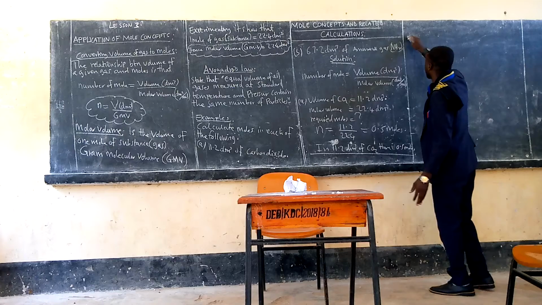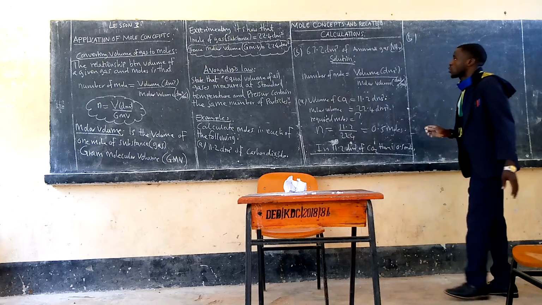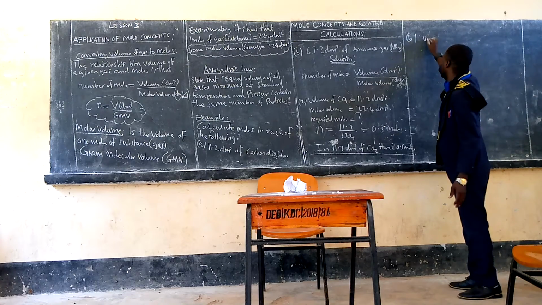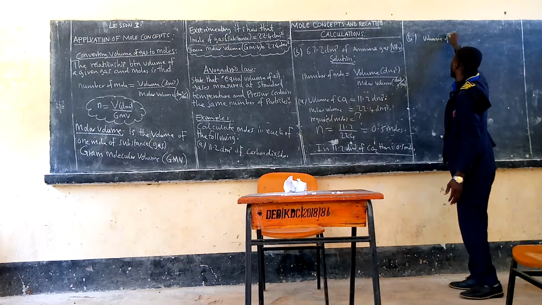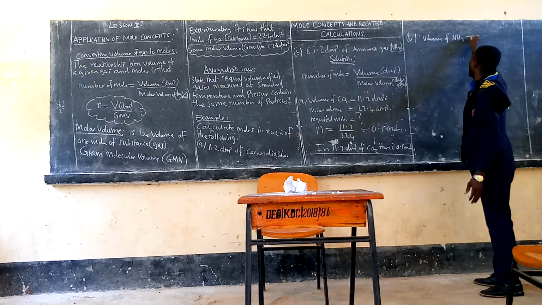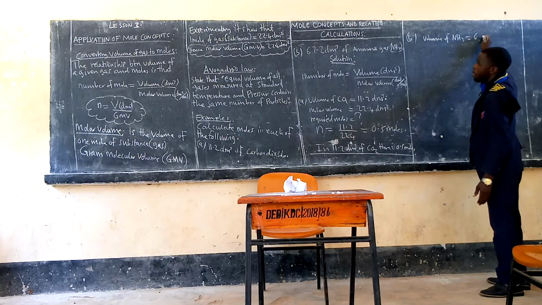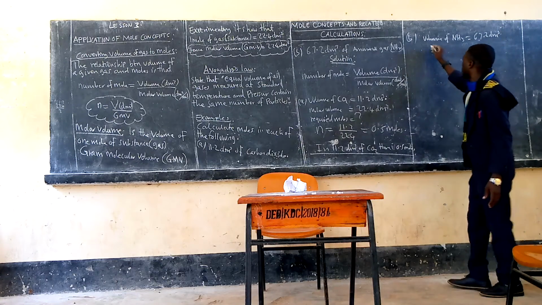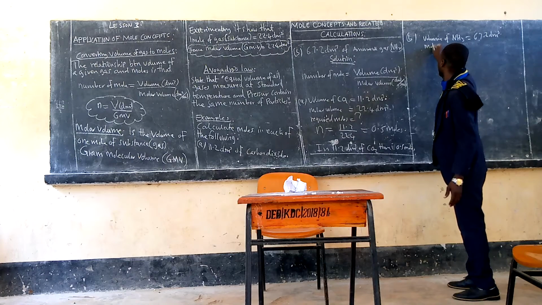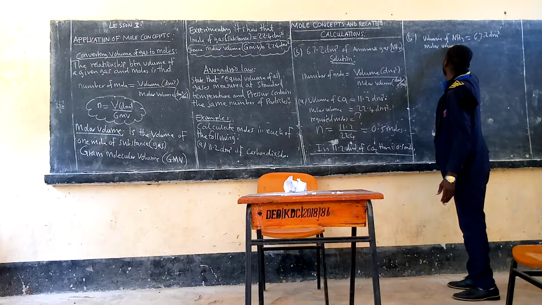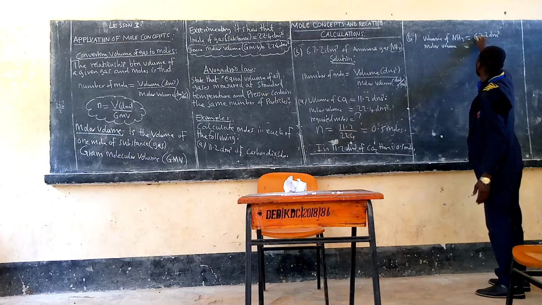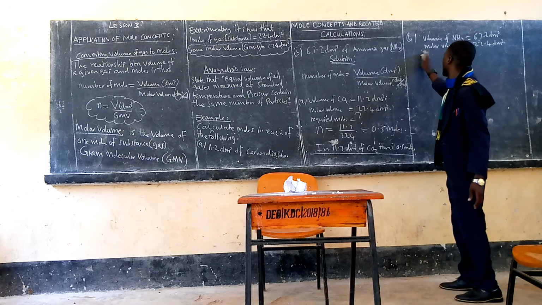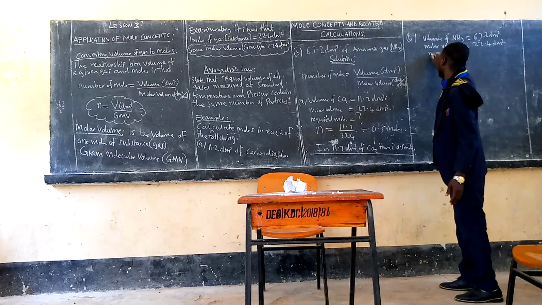So, note here. B. We are going to calculate number of moles. In B, you have been given that volume of ammonia, which is equal to 67.2 decimeter cubic. But also we have molar volume, which is 22.4 decimeter cubic. Required to calculate number of moles.